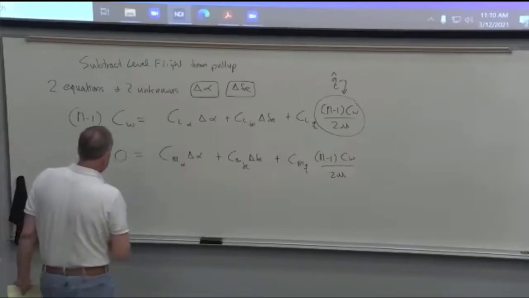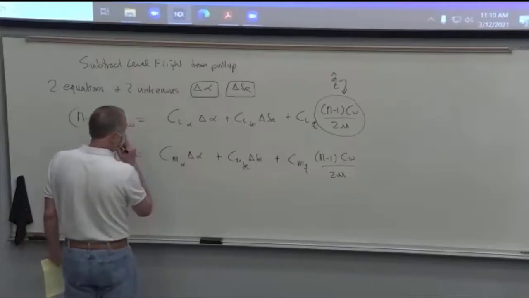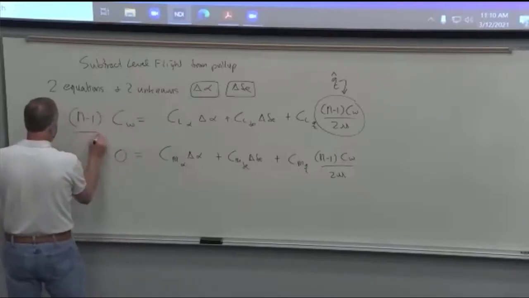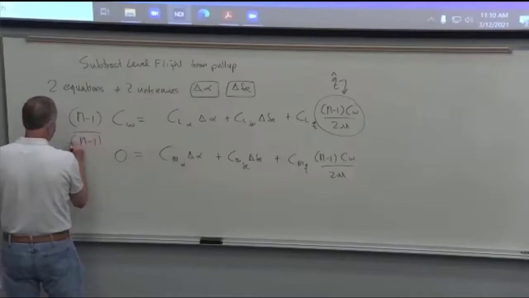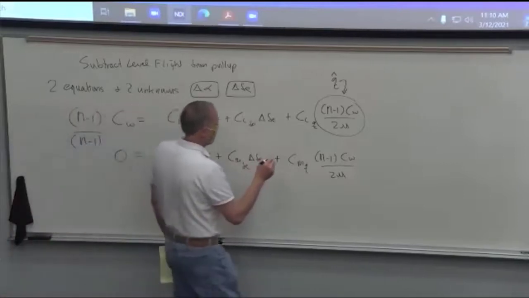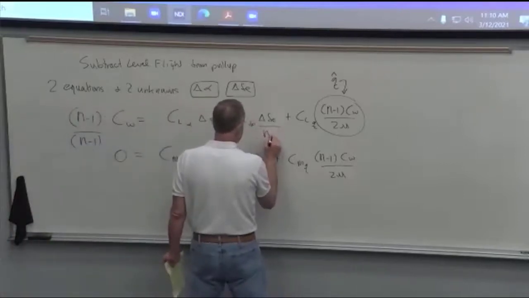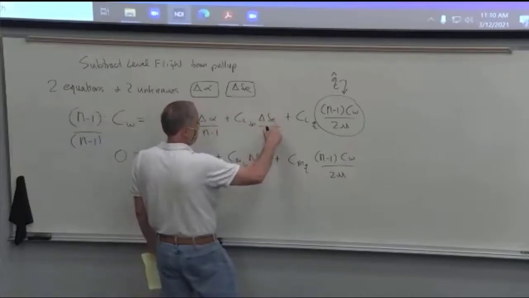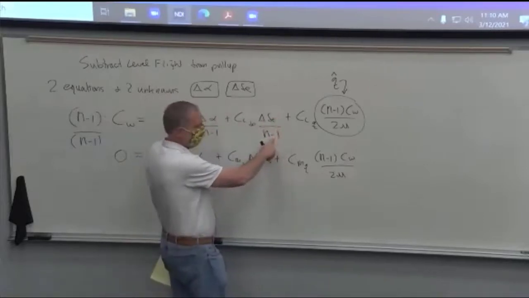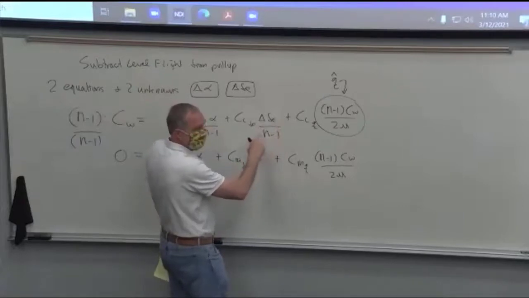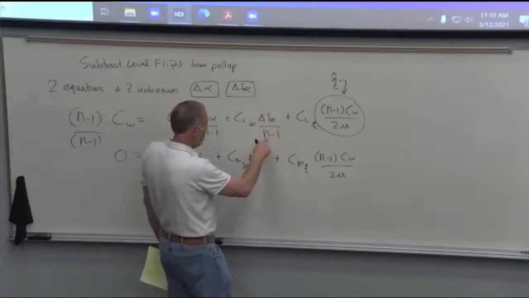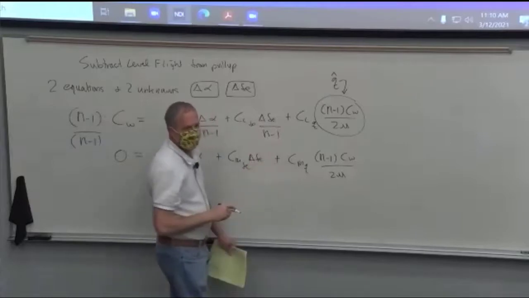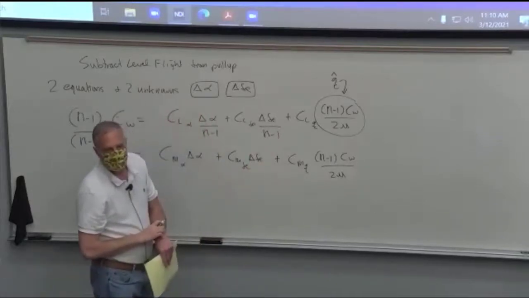But we're going to take each equation and divide by n minus 1. That gives us the extra elevator per extra G, right? Load factor of 1 is level flight, so n minus 1 is the extra load factor that we get due to the pull-up.